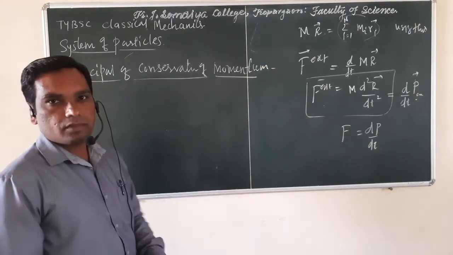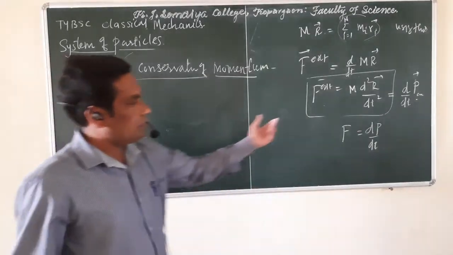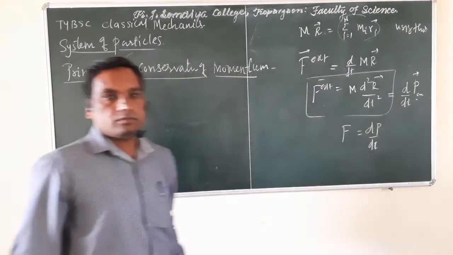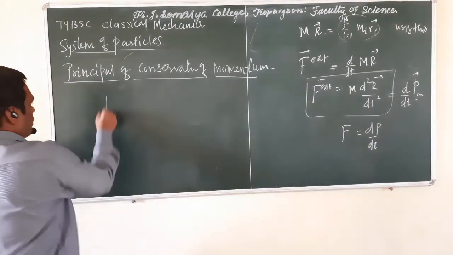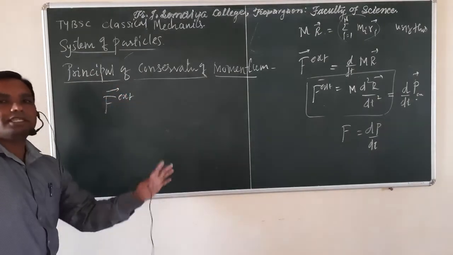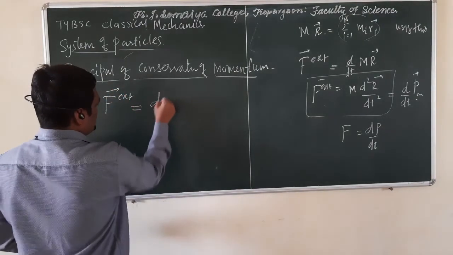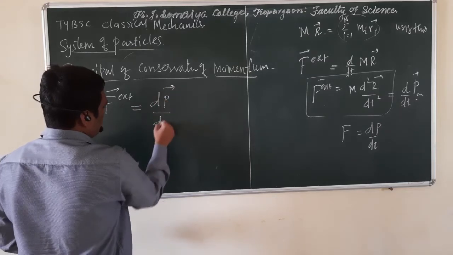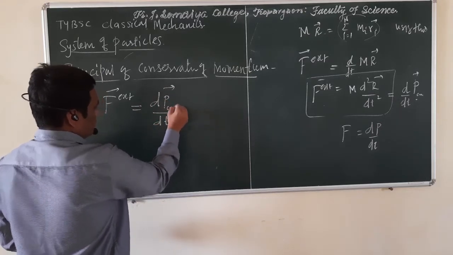For that, here we have the statement for a system of particles, Newton's second law, which is what? The total external force acting on the whole system is the rate of change of momentum of center of mass of that system.